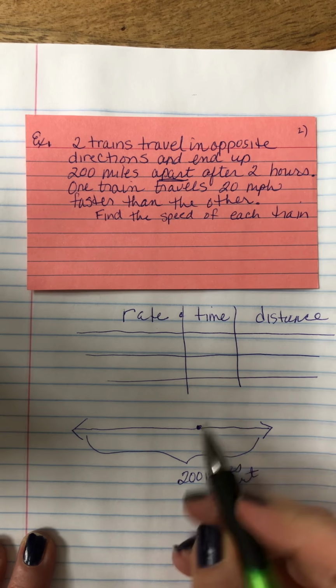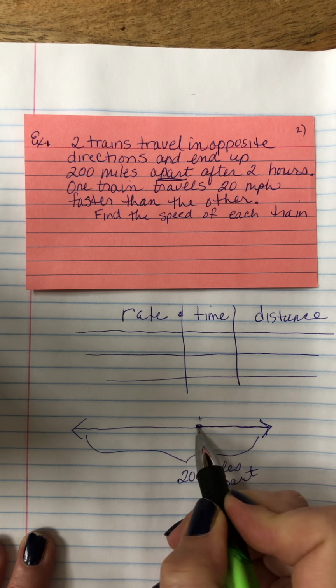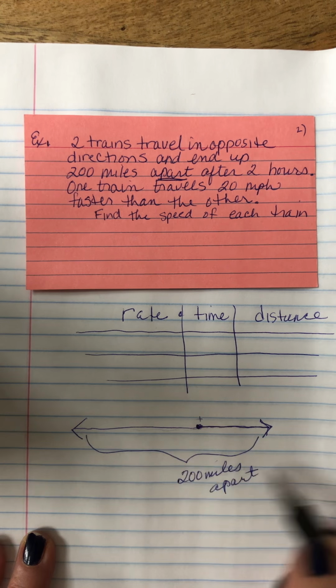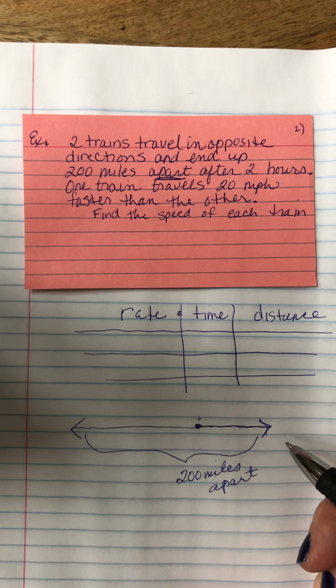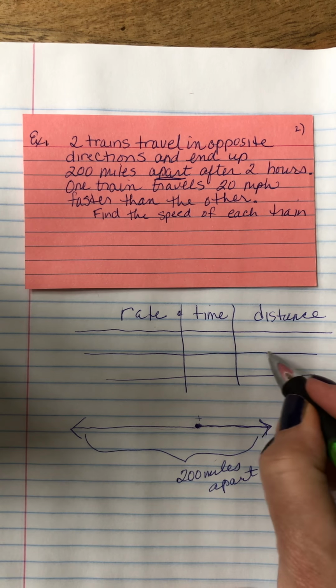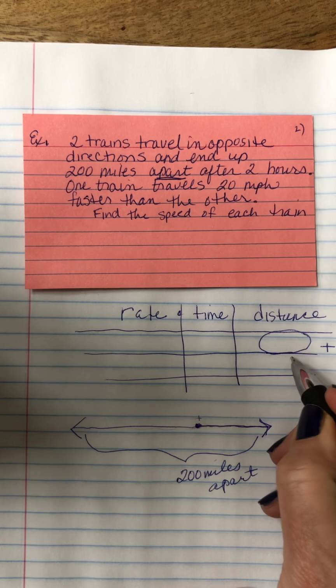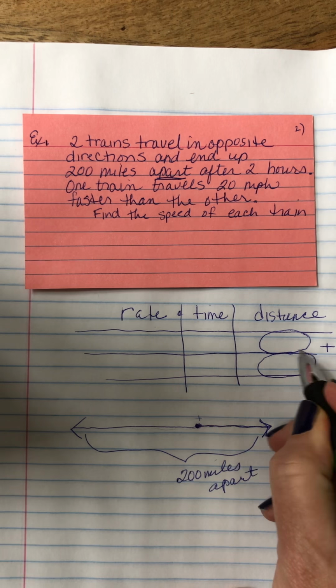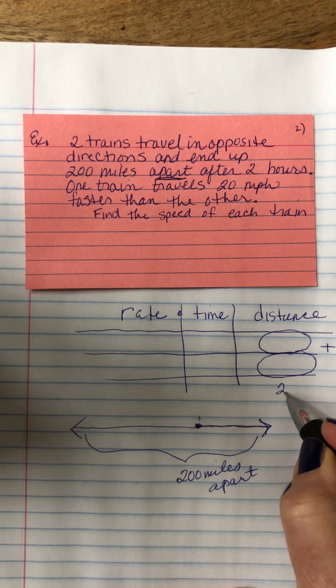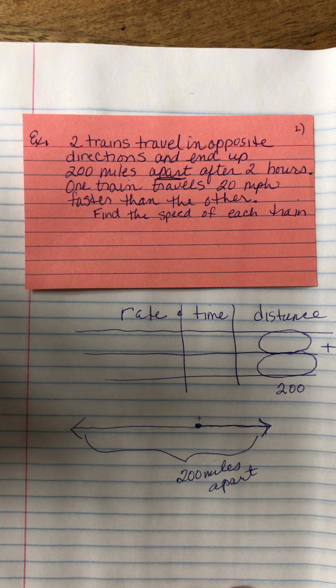So I know that the distance traveled by this train added to the distance traveled by this train is going to be 200 miles. So to solve this problem, I'm going to add the distance traveled by one train to the distance traveled by the second train and set my equation equal to 200.